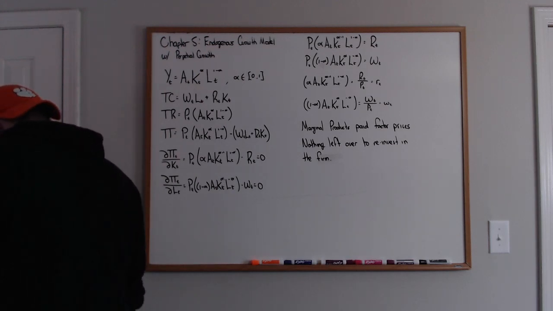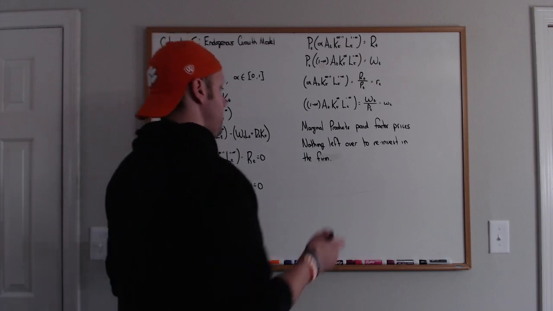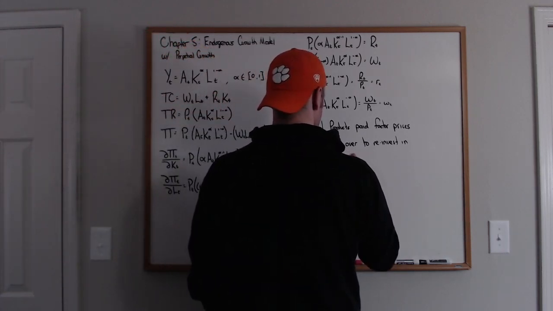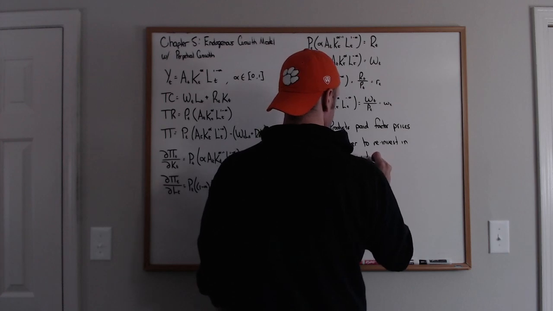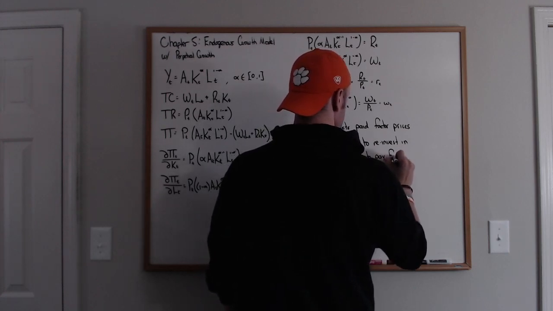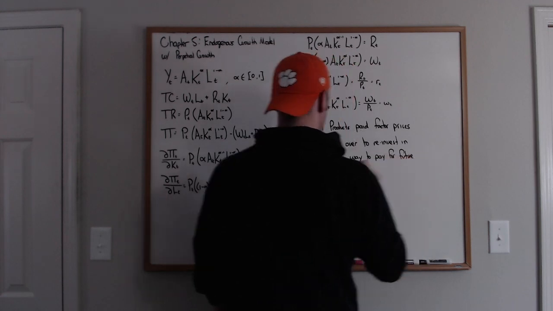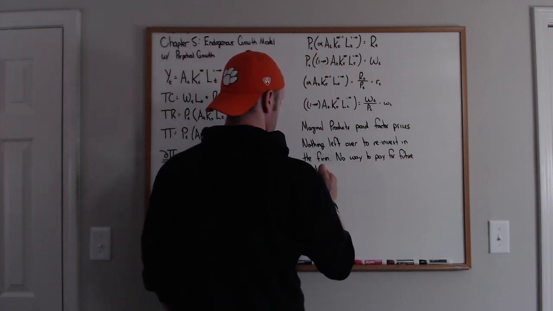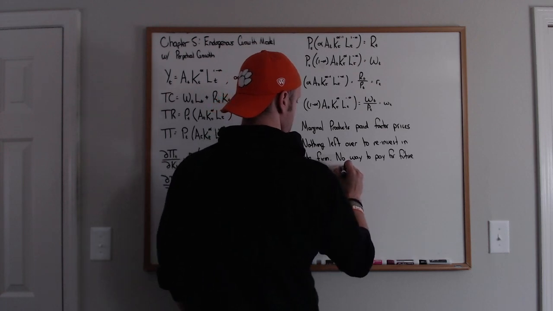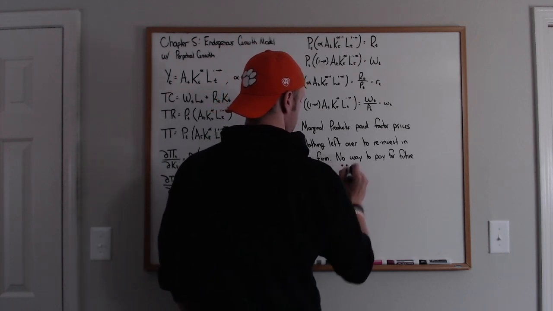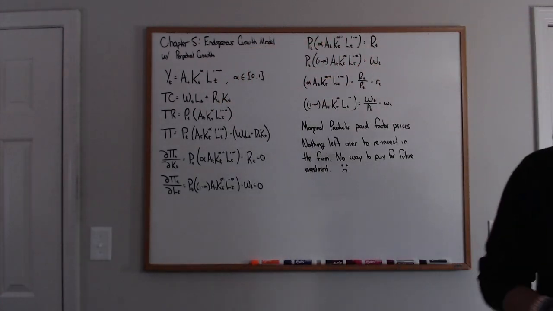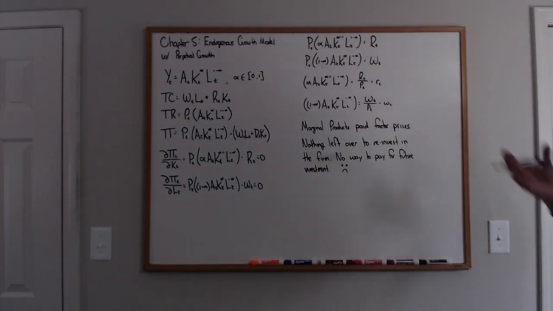Now, granted, this is the aggregate production function, so it's sort of like the aggregate supply side of the economy. There's no way to pay for future investment. There's no way to get additional investment when we have constant returns to scale.